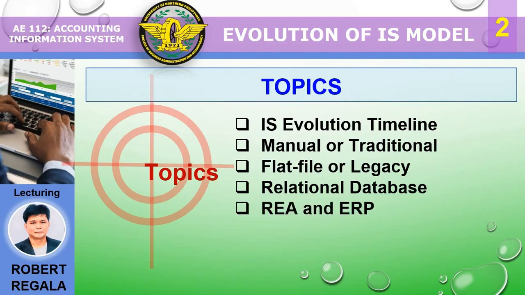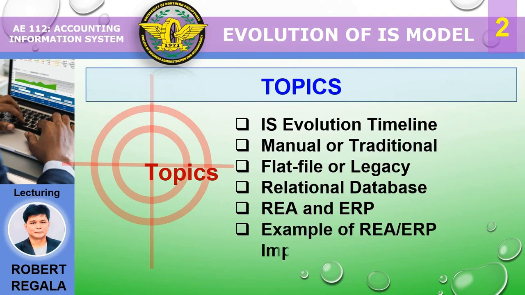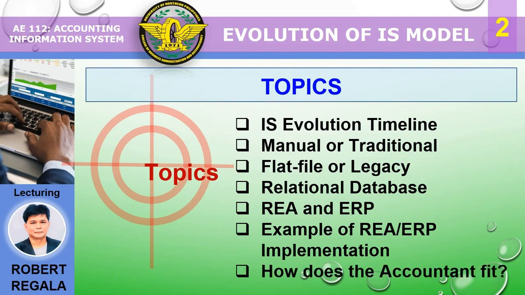The REA or resources, events, and agents conceptual accounting model and the enterprise resource planning model combine to deliver solutions to integrated management of mission-critical business processes, often in real time. Then, we will look at an example of the present-day implementation of the REA/ERP model. And finally, we will look at the role of the accountant related to information systems, such as the AIS.